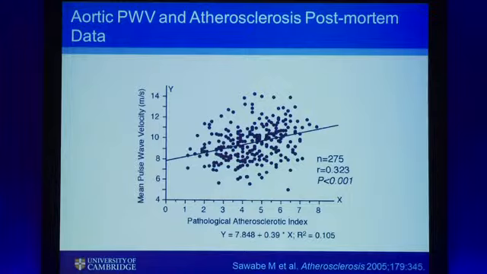And they found a correlation between the two. But when you look at the magnitude of this correlation, it's actually very small. Therefore, it's not surprising that we have cardiovascular risk factors like smoking, hypercholesterolemia, diabetes, which are driving atherosclerosis, but our data would suggest they're not necessarily driving arterial stiffness and the development of hypertension in later life.